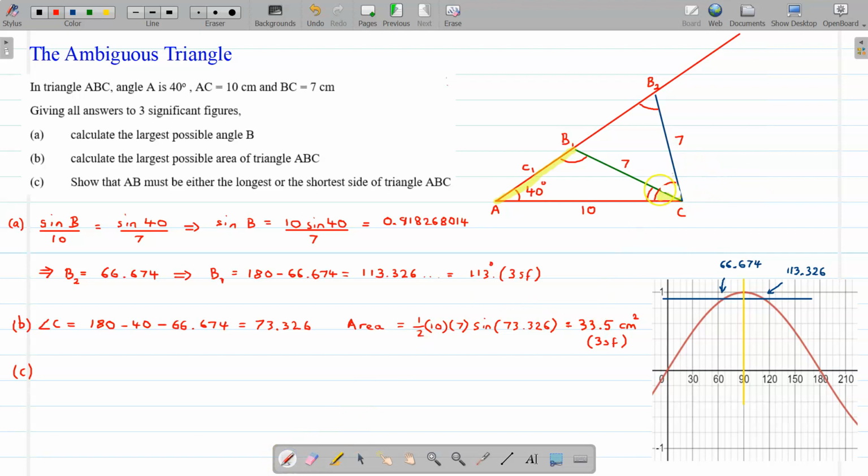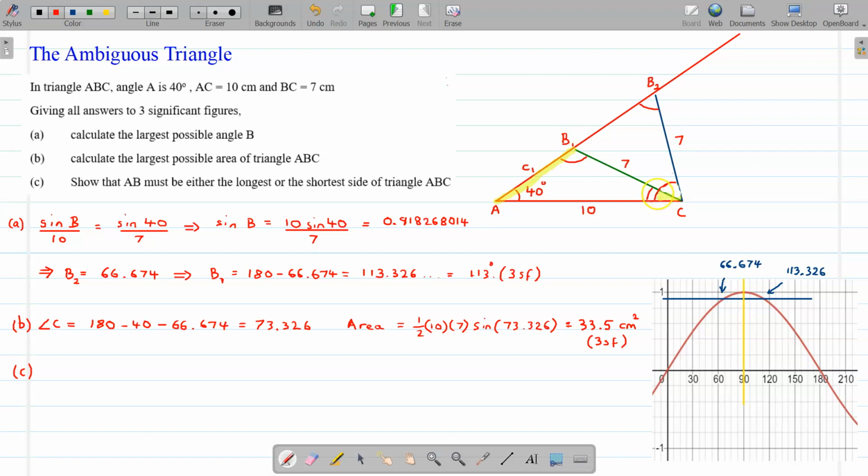I could do this using the cosine rule, and it works perfectly well if you do, but it's actually easier to use the sine rule if you can. So what I know now is that C1 over the sine of this angle is the same as 7 over the sine of 40. But what's this angle in here that I've now shaded in yellow?